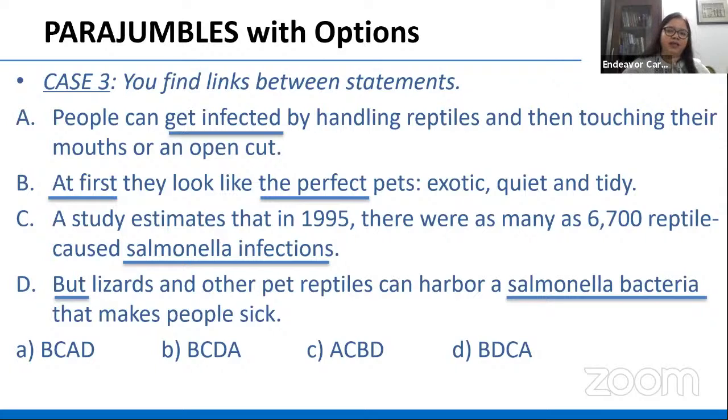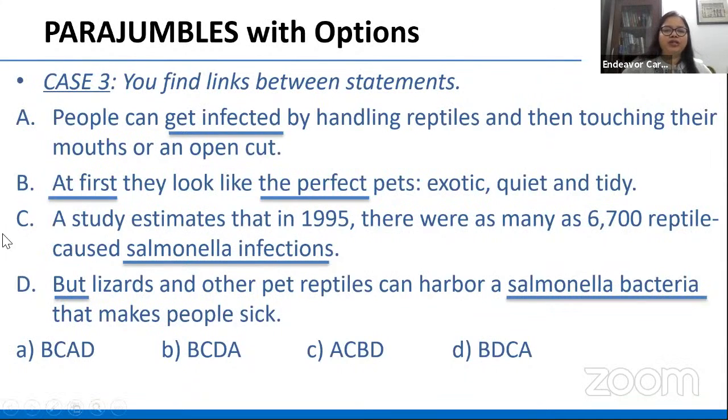Whereas C tells me that there are as many as X number of salmonella infections. Before I talk about how one can get infected, it is important for me to talk about how salmonella infections occur. Or it is important for me to talk about how there are salmonella infections.